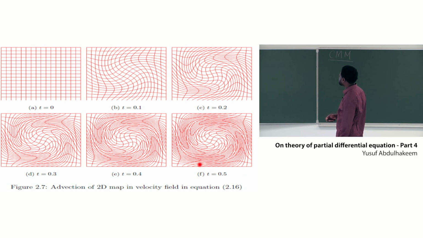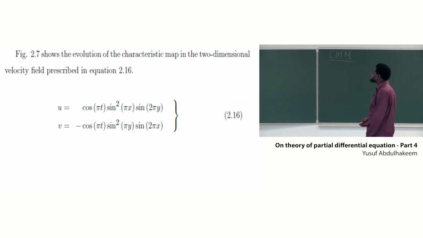As you continue to increase it, the grids will continue to move, and then the whole system will be distorted. So this is the advection of the 2D map in the velocity field in equation 2.16. Figure 2.7 shows the evolution of the characteristics map in the two-dimensional velocity field prescribed in equation 2.16.